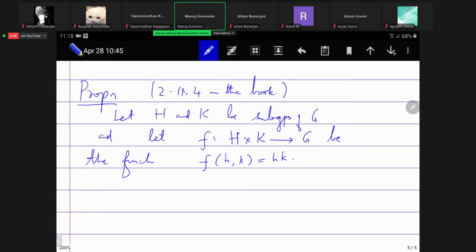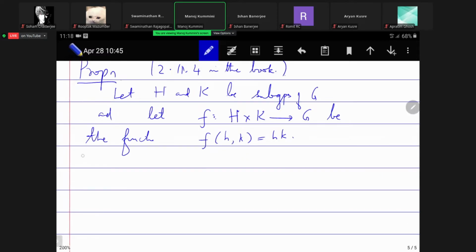So this is not a group homomorphism. This is just a function. Then, 1. f is injective if and only if H intersect K is just 1.